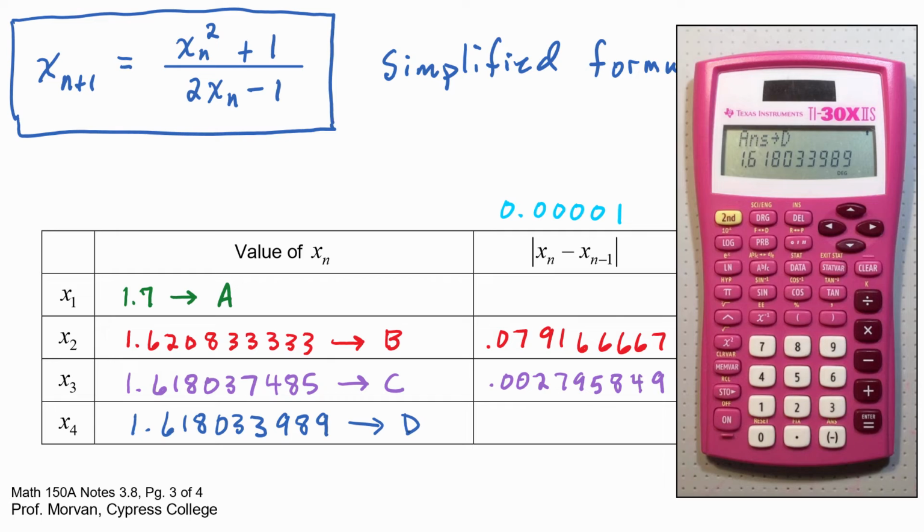It's time to check our accuracy again. So we do x4, which is sitting in our display right now, minus x3, which is in C, and we hit enter, and we see that our accuracy is, let's see, how many zeros? 1, 2, 3, 4, 5 zeros, and then 3496.